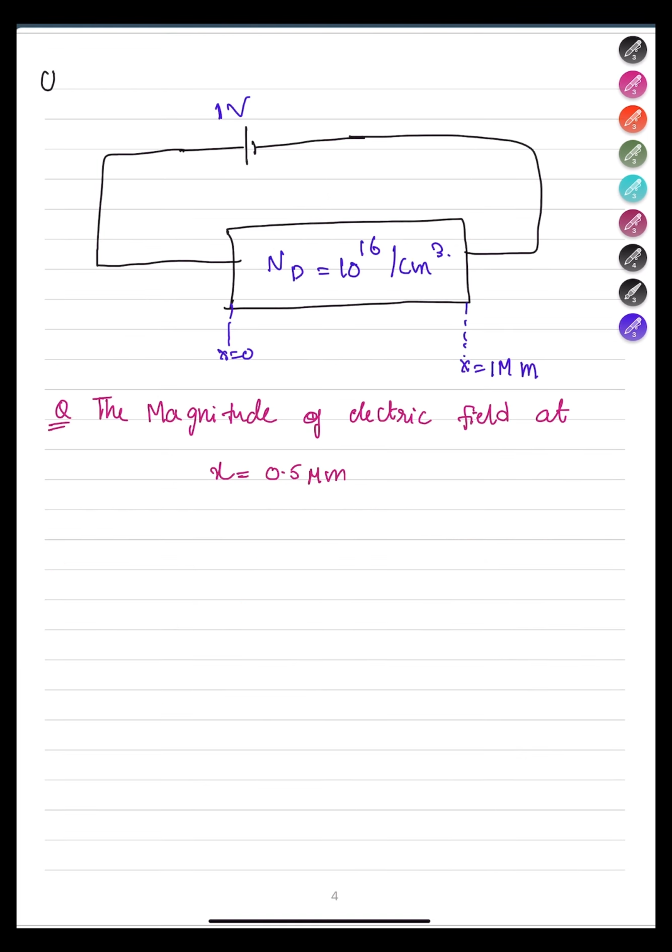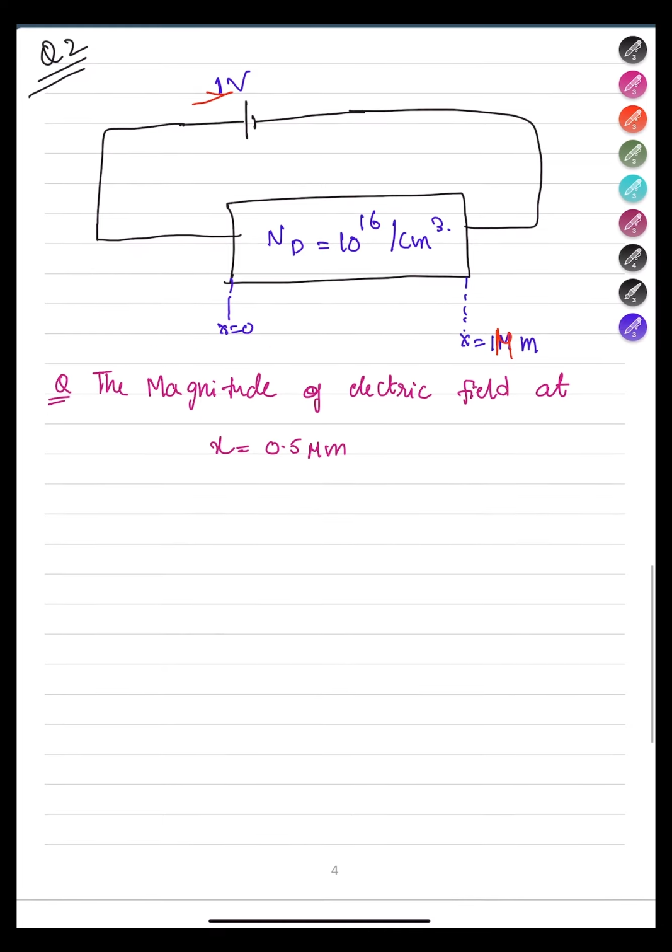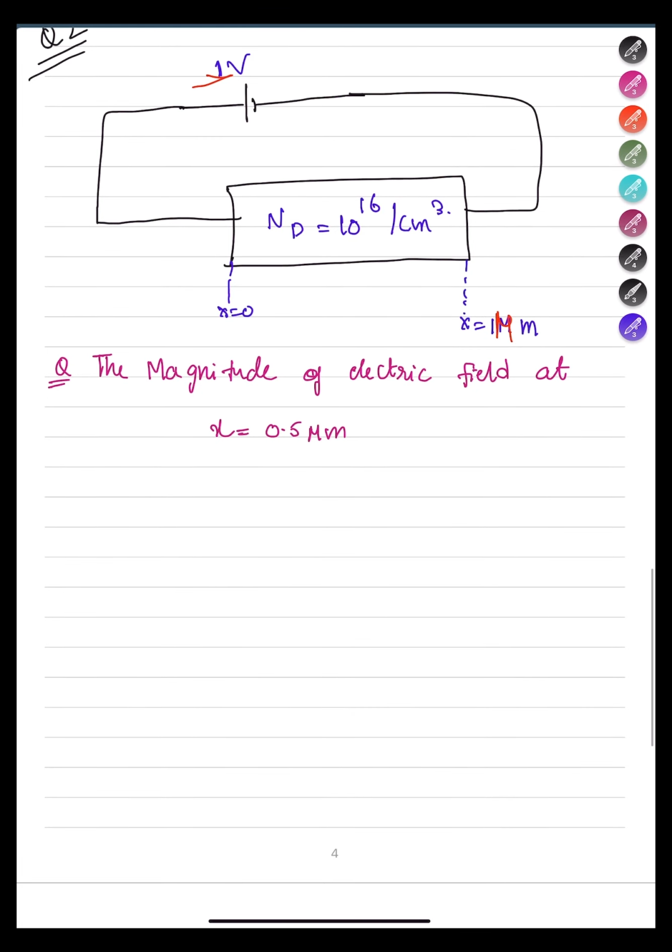So this is question 2. In this question, 1 volt is applied across a semiconductor which is uniformly doped, of length 1 micrometer. It's asking the electric field at x equals 0.5 micrometer.